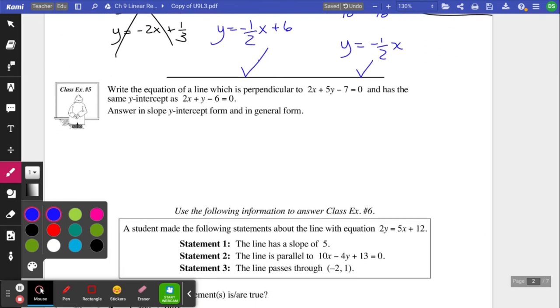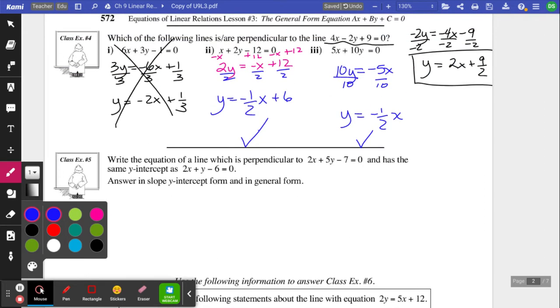Write the equation of a line that is perpendicular to that and has the same y-intercept as that one. Wait, how is it perpendicular? Because perpendicular slopes have to be the opposite. Oh, so we're only talking about the slope. It just says perpendicular.